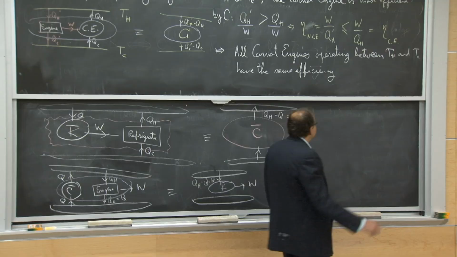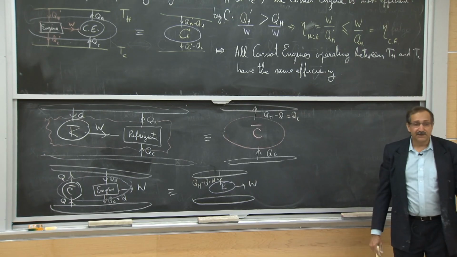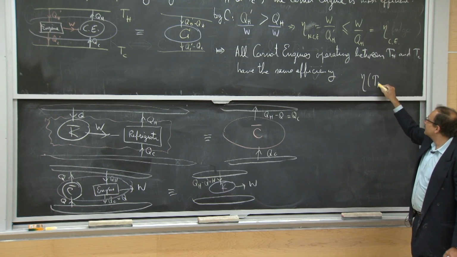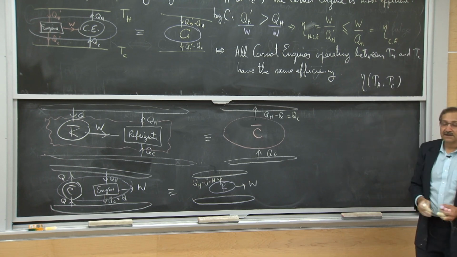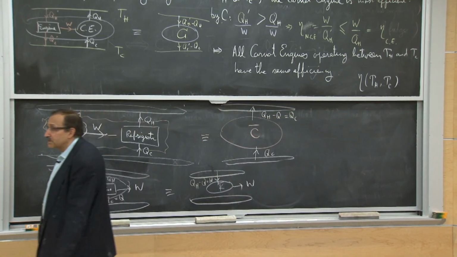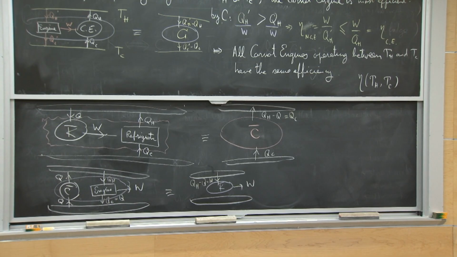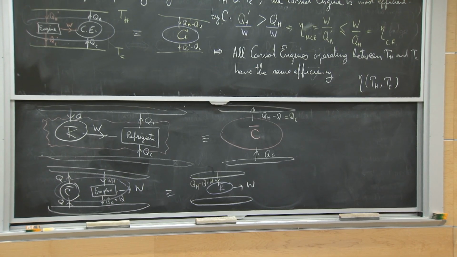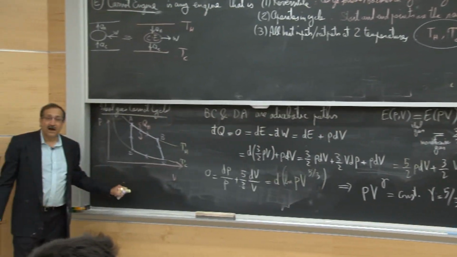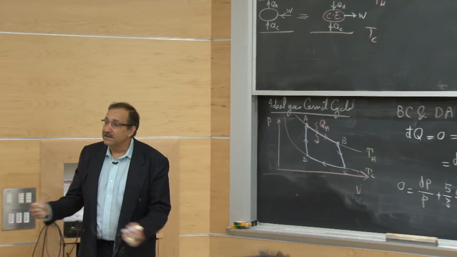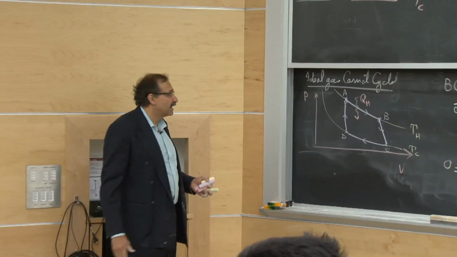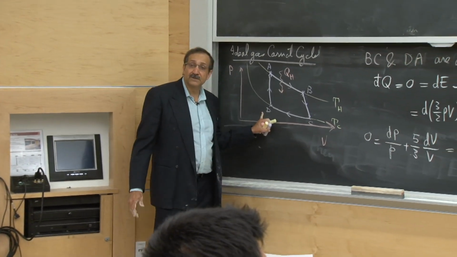Which is actually interesting, because I told you that Carnot engines are stamped by two temperatures, TH and TC. And what it says is that they all have an efficiency that is a function, therefore, of these two temperatures only. It cannot depend on whether I constructed my Carnot engine out of an ideal gas, a rubber band that I was pushing, or any other substance in the world that you can think about.